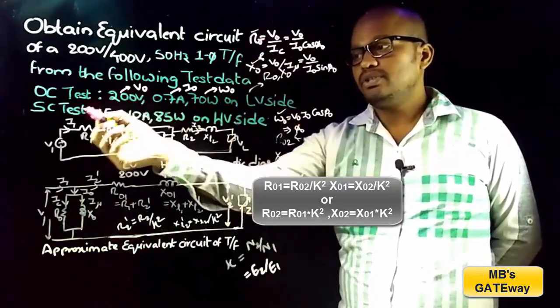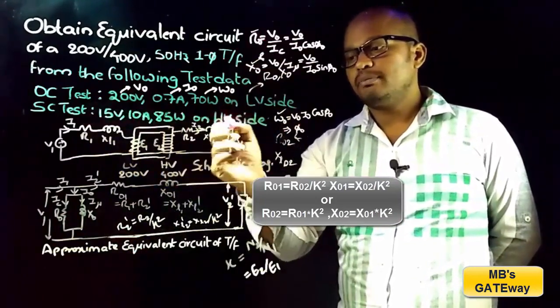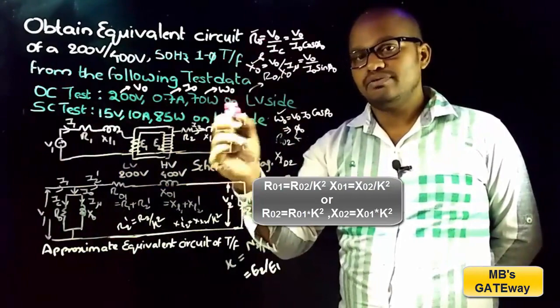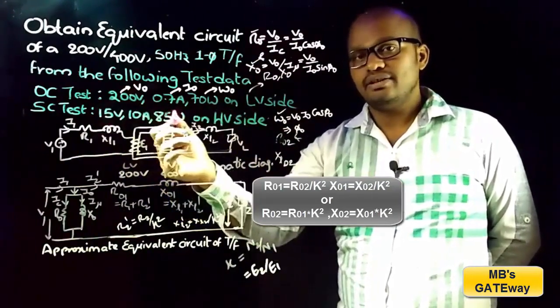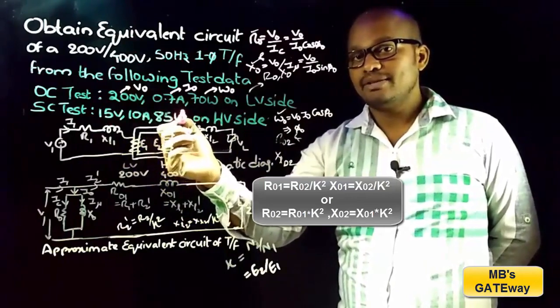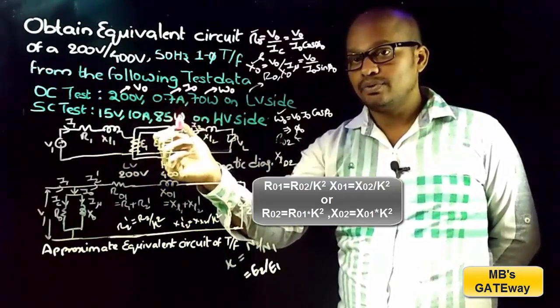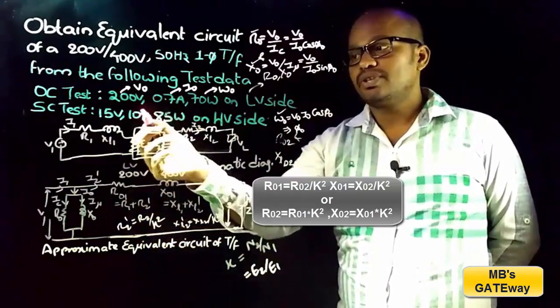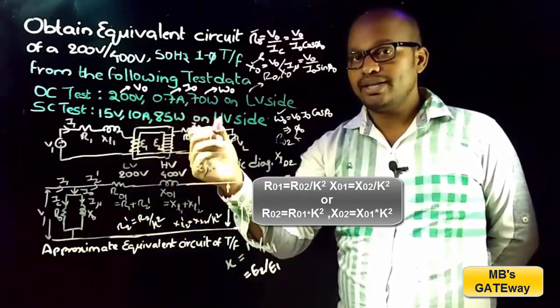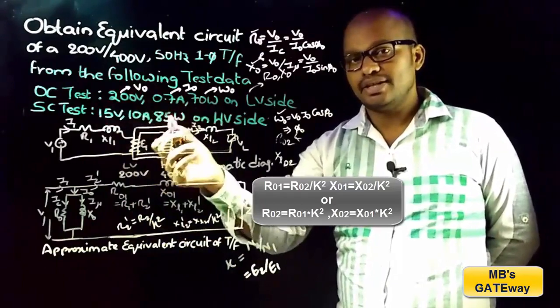And now coming to the short circuit test data, which is performed on HV side, but HV side is here the secondary side. So by using this data we are getting the series branch elements R02 and X02, but we need to find R01 and X01. So first let's find R02 and X02 by using this data.